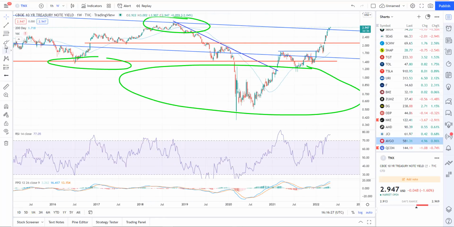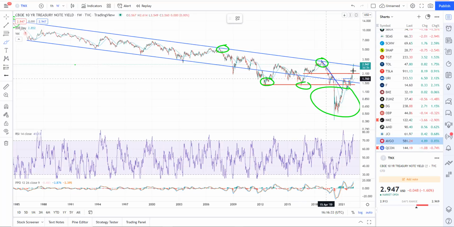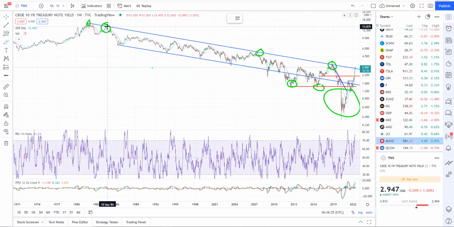If the Fed allows the market interest rates to rise any more than this, we're going to start to see breakdowns in the system. Each time you've got this channel, we haven't been able to move outside this channel because the system's built on this channel. The debt load, everything is kind of built on the fact that interest rates are within this channel.